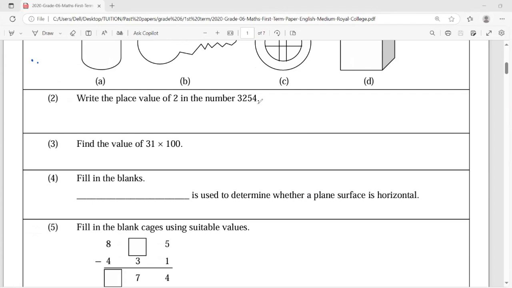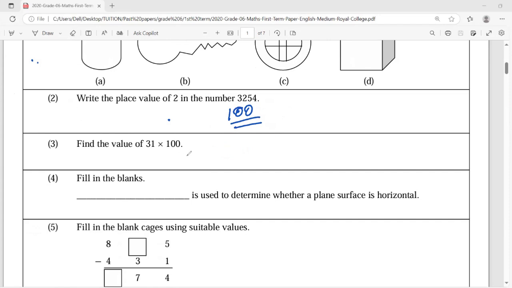Here, the place value is 1. Here, place value is 10. Here, the place value is 100. And here, the place value is 1000, right? So, therefore, your answer should be 100. The place value of the 2 is 100.